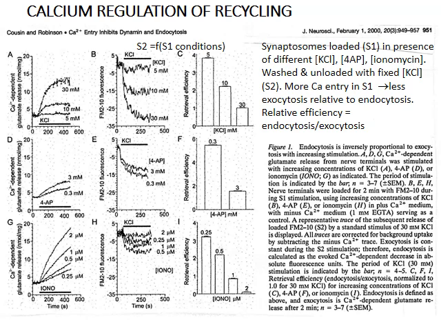And two assays are done in this experiment by Cousins and Robinson. One is to take the synaptosomes and measure glutamate release from them upon stimulating or depolarizing them with potassium chloride.